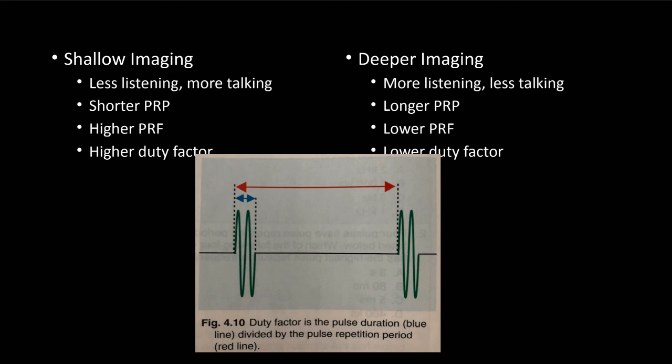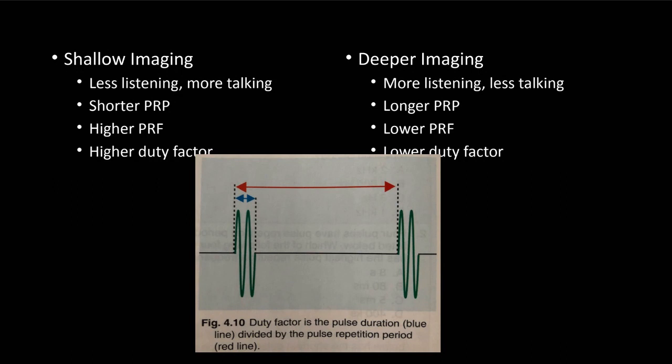So when we have shallower imaging, let's kind of piece all of these parameters together. You have shallower imaging, you have more talking from the sound source, you have less listening. Remember, my office, Chelsea's office, right? We can talk back and forth a lot faster, right? So we're not listening for as long. We're going to have a shorter PRP, right? The amount of time between the start of one pulse to the start of the next pulse.